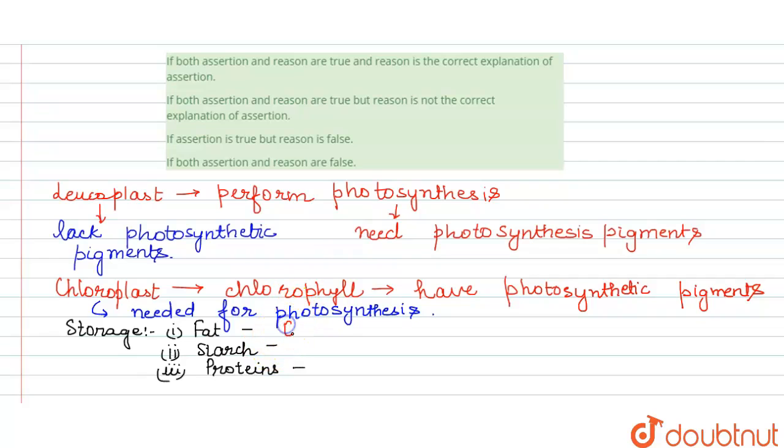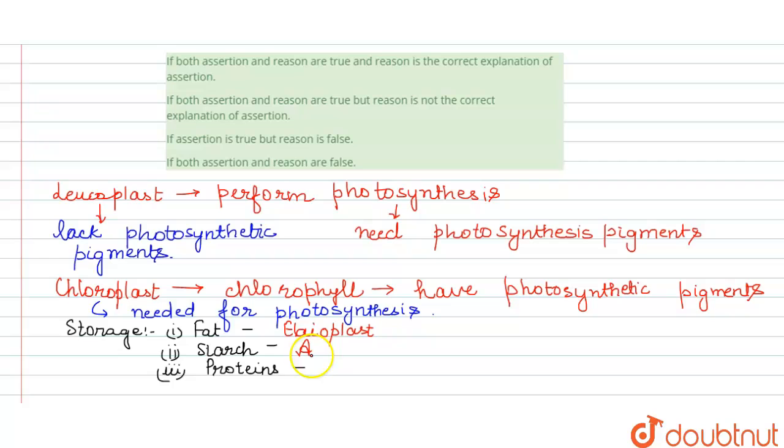The elaioplast cells store the fat. Coming to the starch, the amyloplasts store the starch.